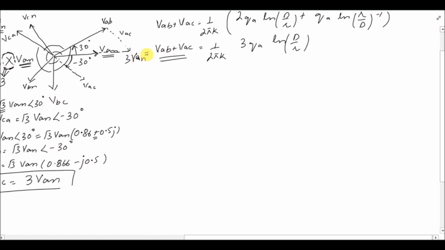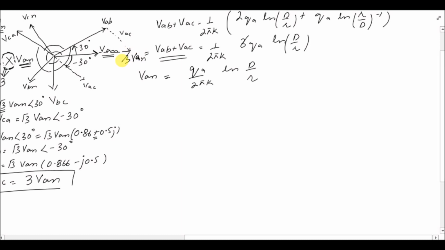VA or VAN both are the same value. Now VAN will be equal to QA over 2 pi k ln d over r, because this 3 will cancel out.